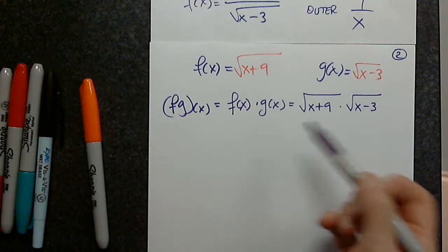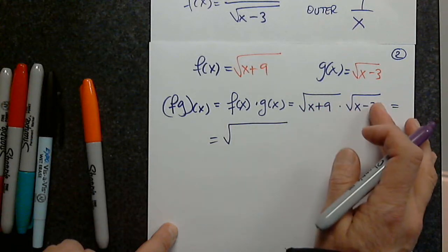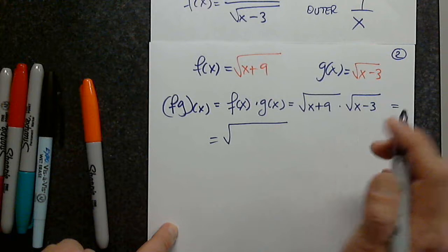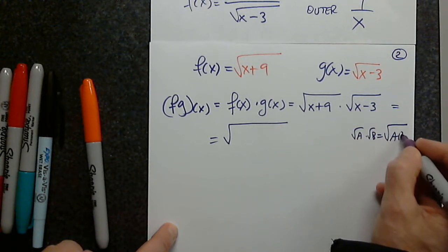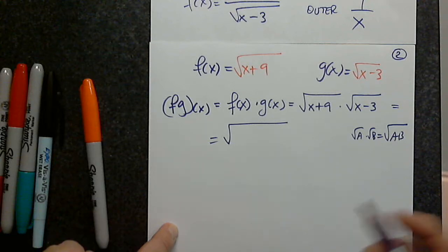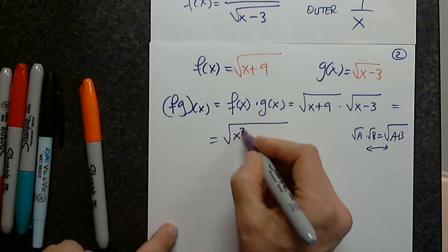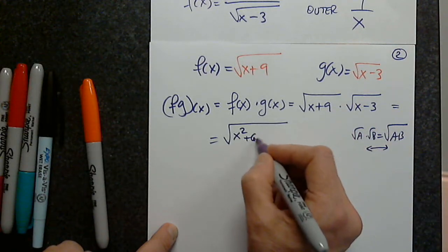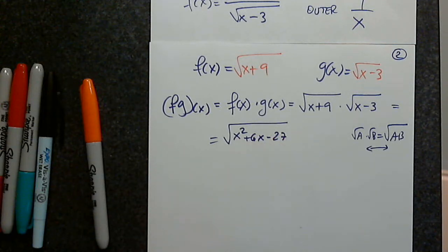Yes, you can multiply them and distribute inside, because I can change the square root of a times the square root of b into the square root of ab, and vice versa, back and forth. So I can say x squared, minus 3x plus 9x is 6x, and minus 27. I'm fine with both.